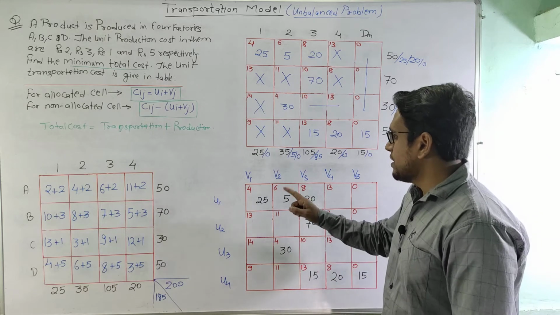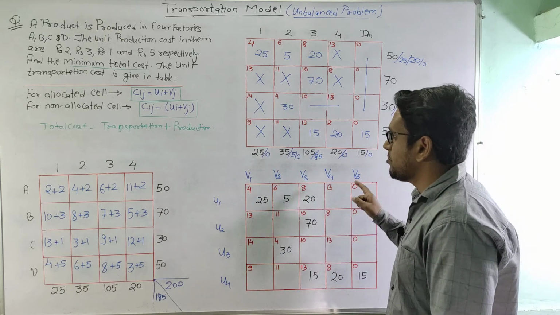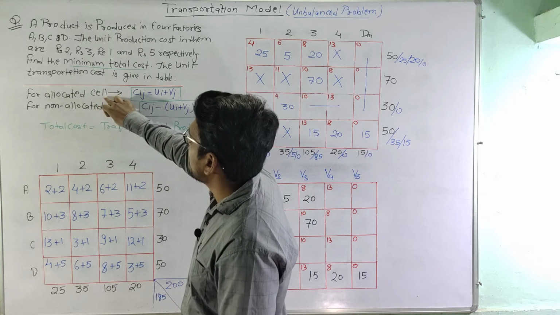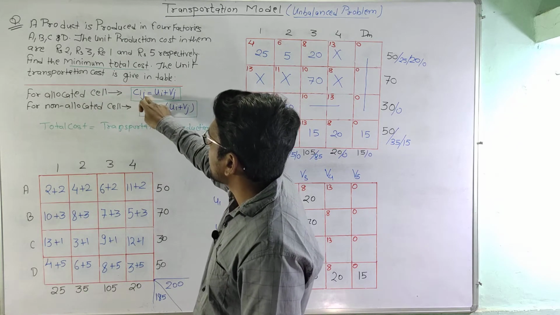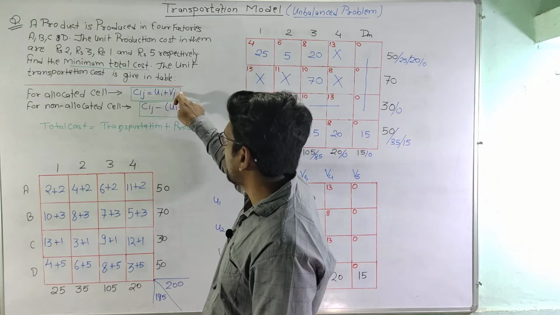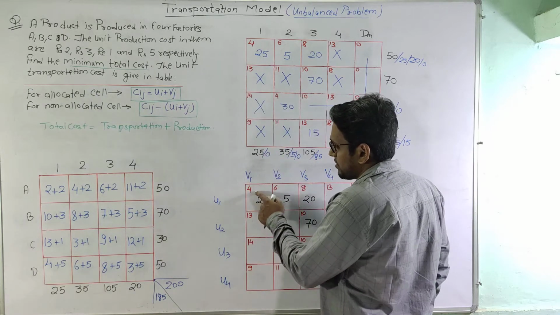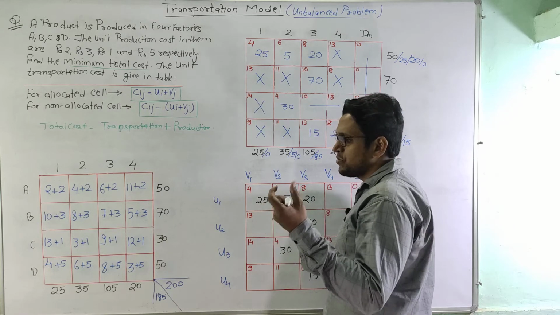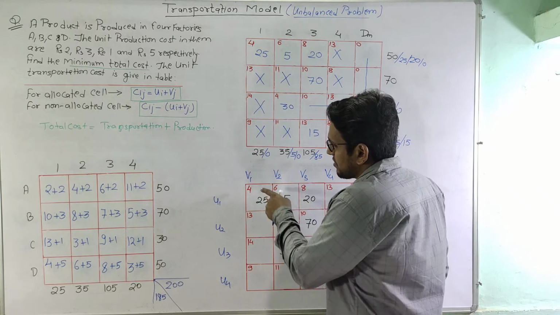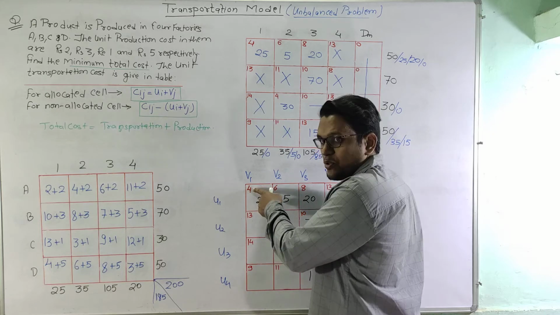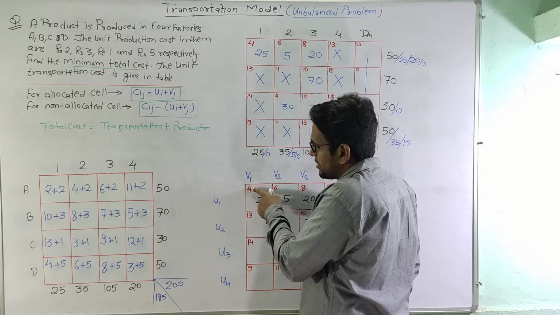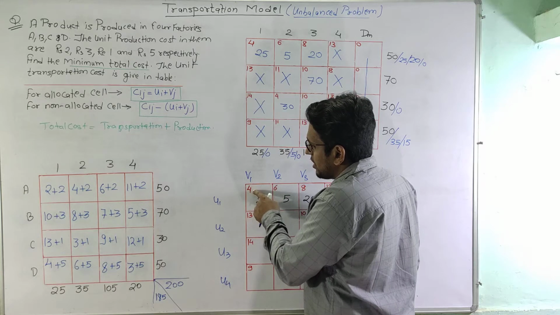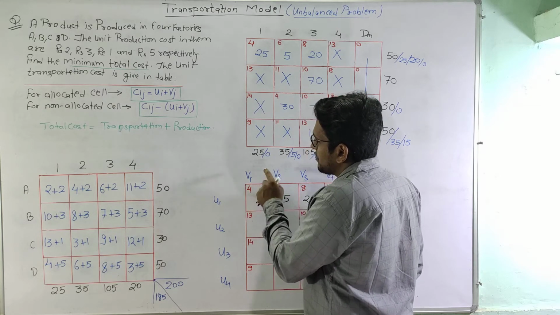Now to calculate the values of these variables, we will have to understand that for allocated cell the value of Cij is equal to ui plus vj. That means for an allocated cell, value of Cij, that means unit transportation cost, which in this particular question is the total cost, should be equal to ui plus vj. So C11 should be equal to u1 plus v1.